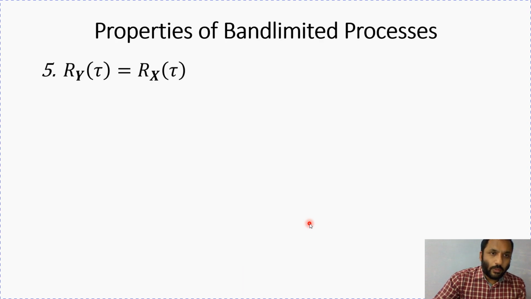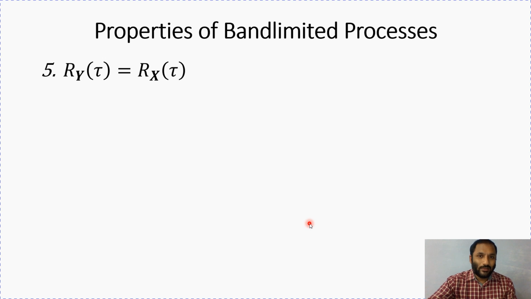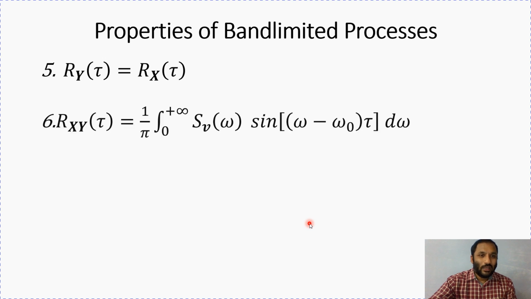Now the fifth property tells us that the autocorrelation functions of x and y are identical to each other. They are not different, so that is a bonus for us. We only need to determine one of these autocorrelation functions to decide the other one. Now what about the cross correlation function? This cross correlation function is similar to property 4 that we have studied now.